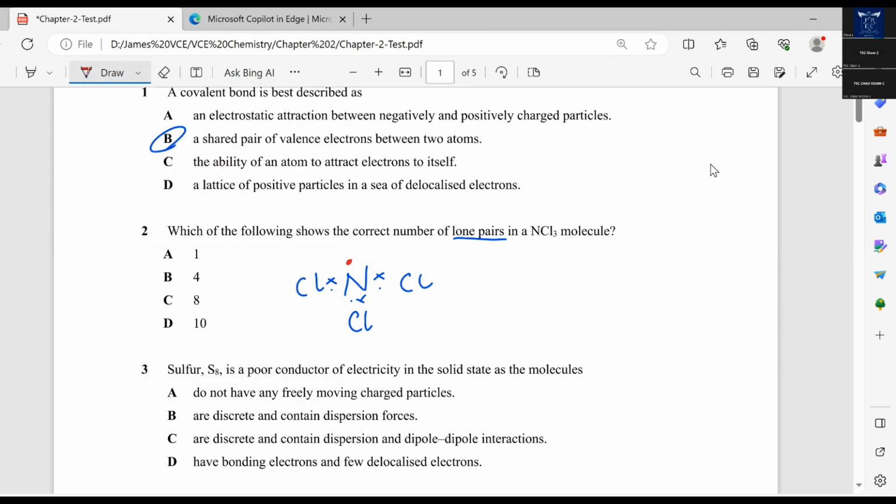lone pair here. And then we also have chlorine. Because you have 7, you will have 3 lone pairs here, 3 lone pairs here, and 3 lone pairs here.